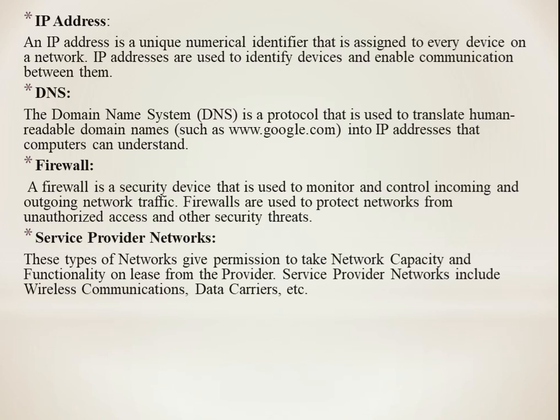So here we are indirectly going through the IP addresses. DNS is the Domain Name System, the protocol that is used to translate readable domain names into IP addresses that computers can understand.